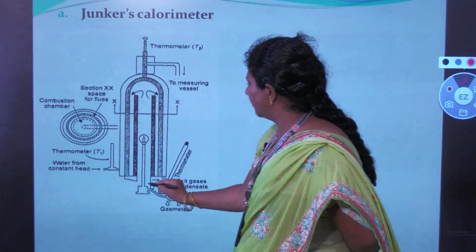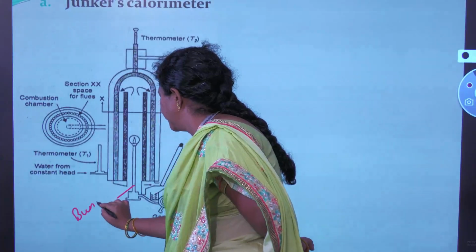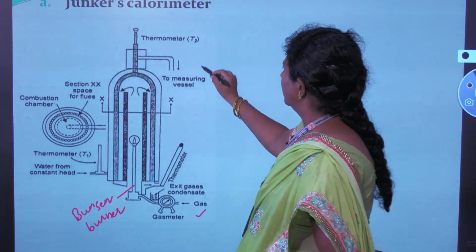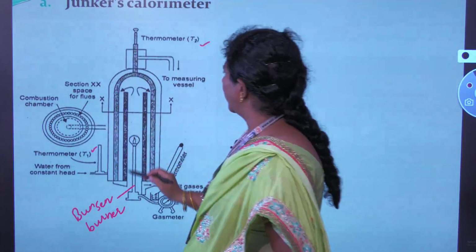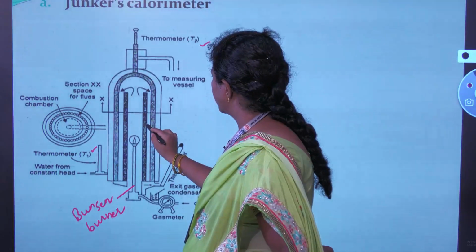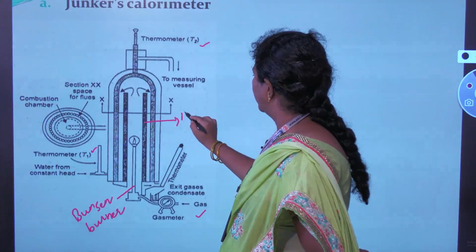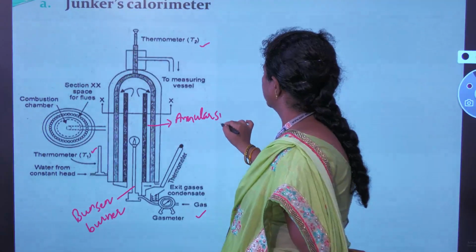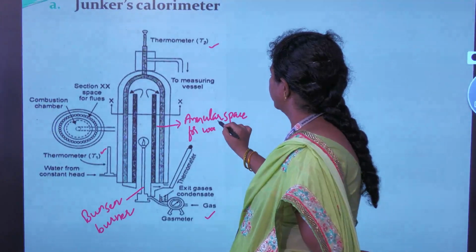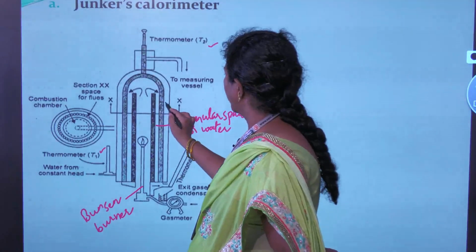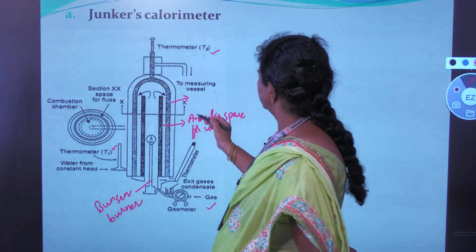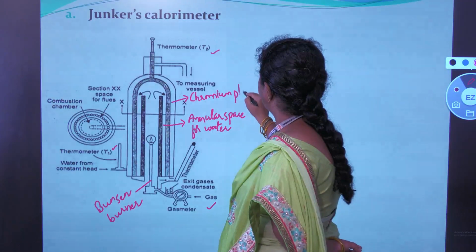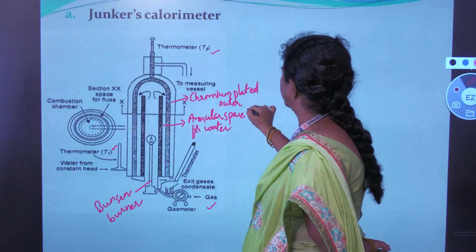It consists of this one, called the Bunsen burner, the gasometer, thermometers T1 and T2, this annular space for water, and this is the outer chromium plated outer jacket.